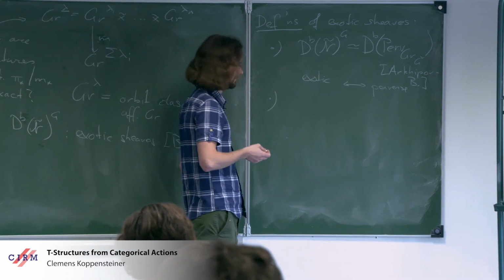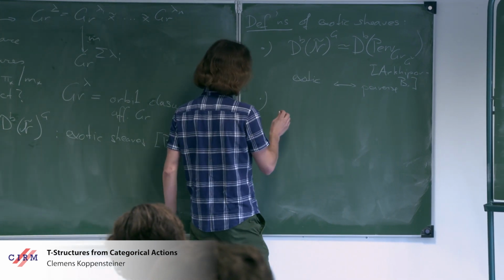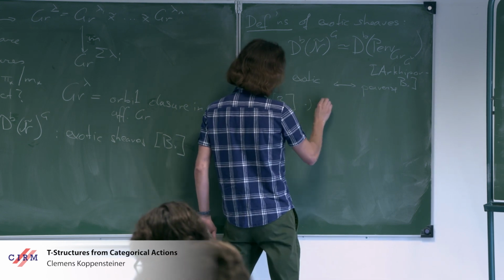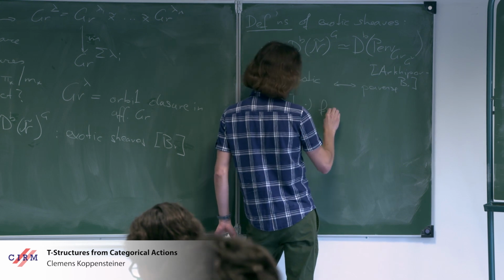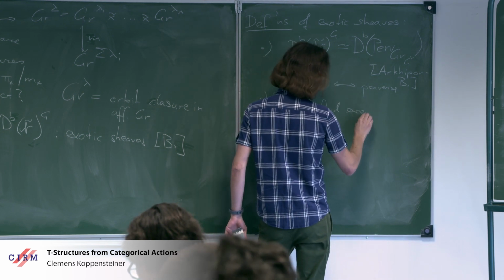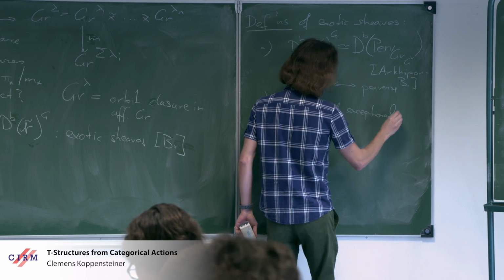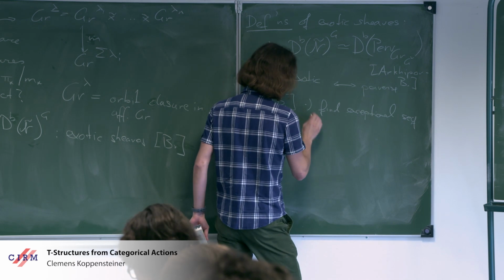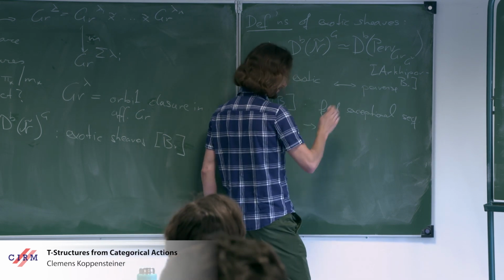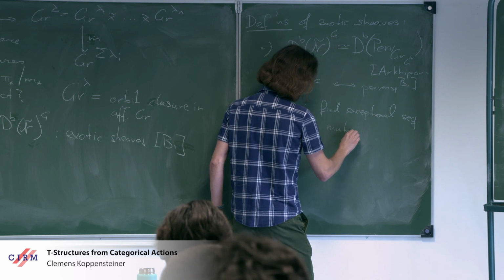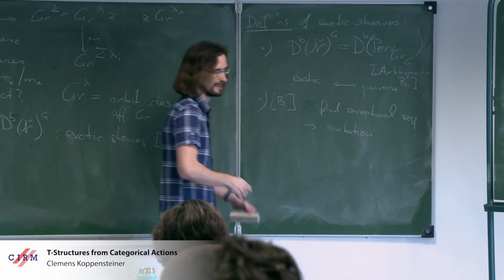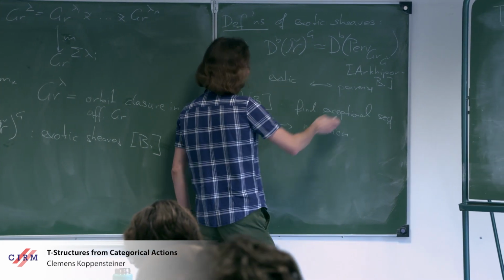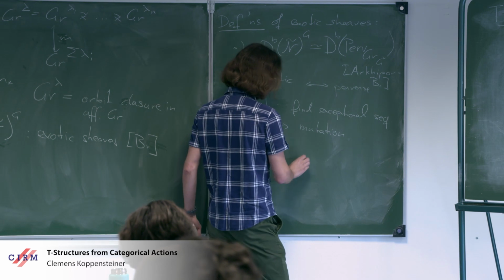Another definition, probably the original one by Bezrukavnikov, is to find an exceptional sequence. Then do something to it called mutation, which is essentially using a different order for the exceptional sequence. And then to an exceptional sequence, you can always associate a t-structure.